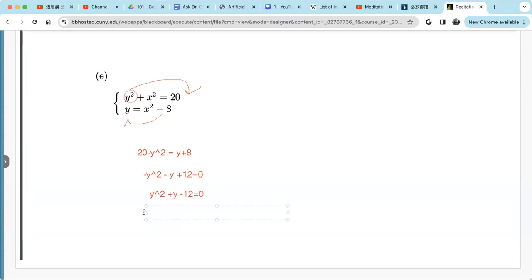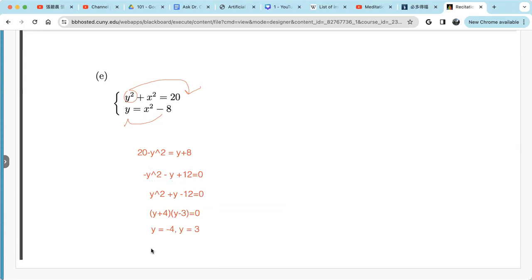Well, this is factorable, right? We can factor as y plus 4 times y minus 3 equals 0. Then we have two solutions, y equals -4 and y equals 3, positive 3.